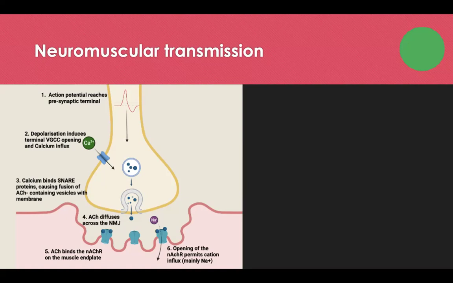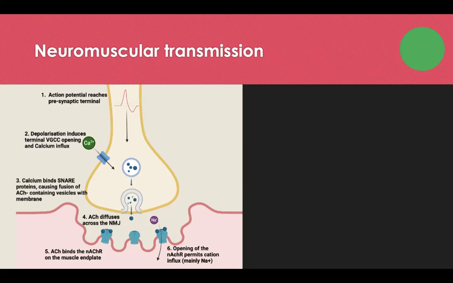So the snare protein, when the calcium binds to it, literally just moves the vesicle to fuse with the cell membrane. And then when it fuses, acetylcholine is released into the synapse or the neuromuscular junction, and it moves across by diffusion. Acetylcholine then binds to nicotinic acetylcholine receptors, which are expressed in the muscle endplate.